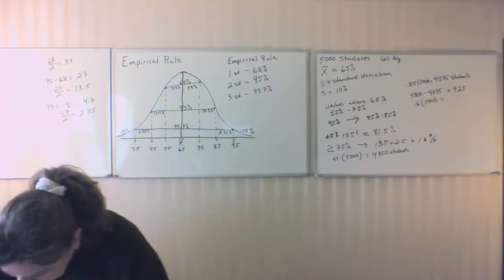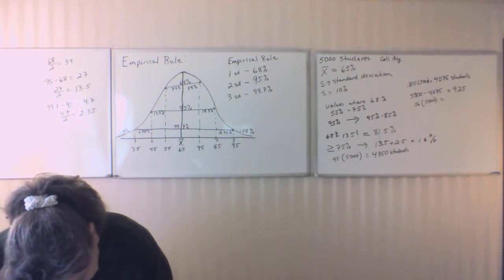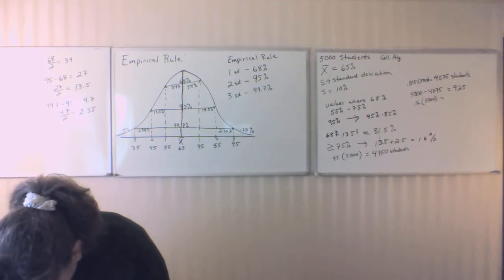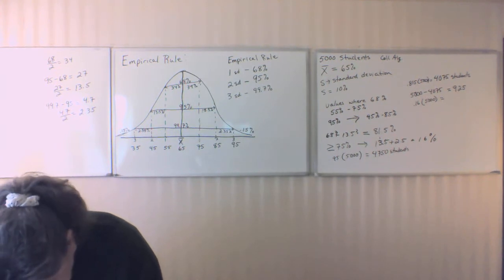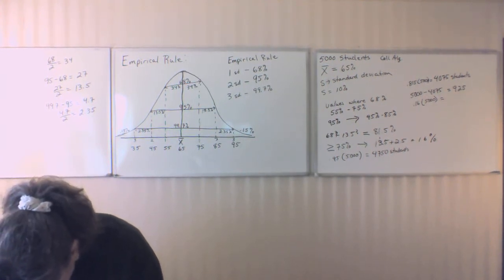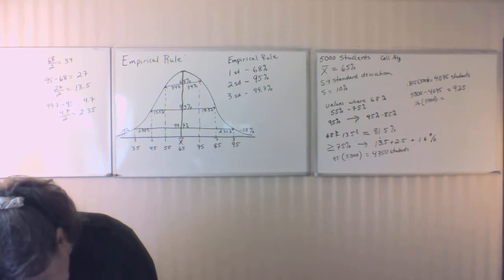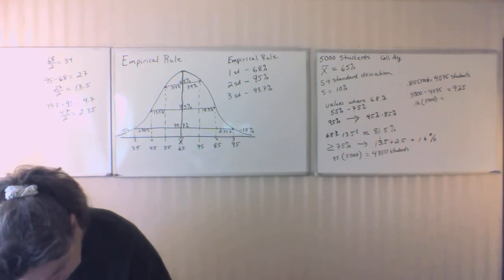No, 800, really? Well, let me check that out. 13.5, check my math on this. Plus 2.35 plus 0.15. Yeah, that's 16%, but it should be the same.